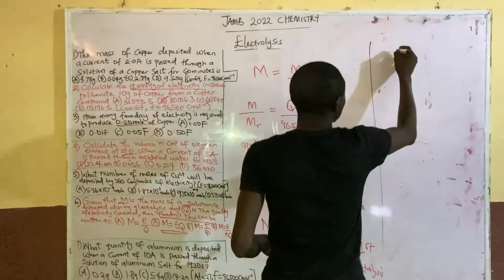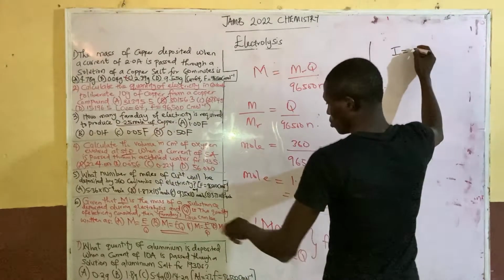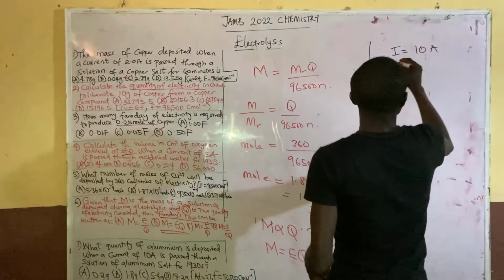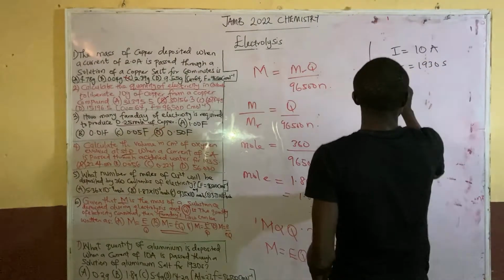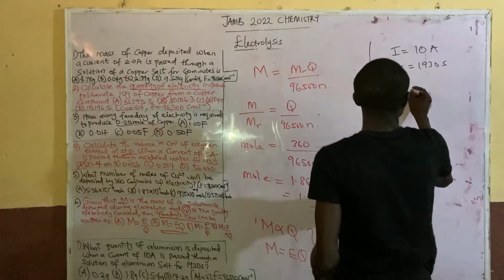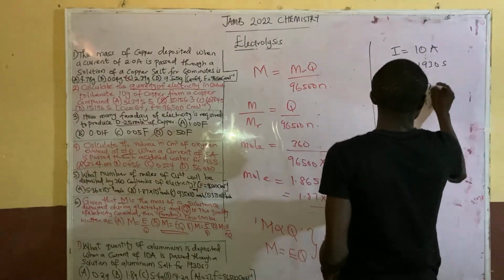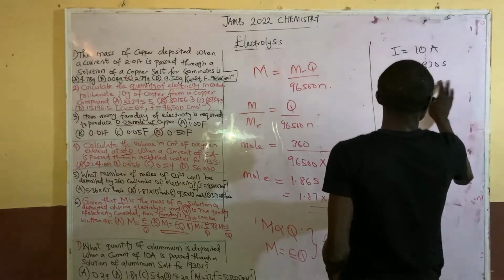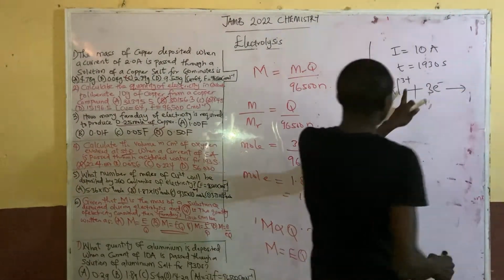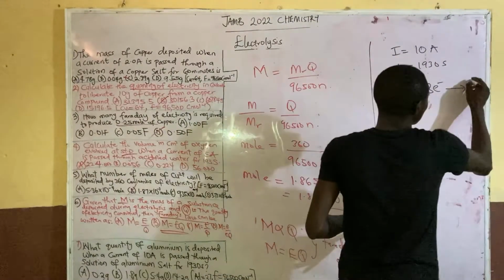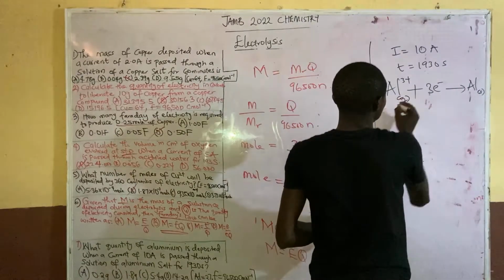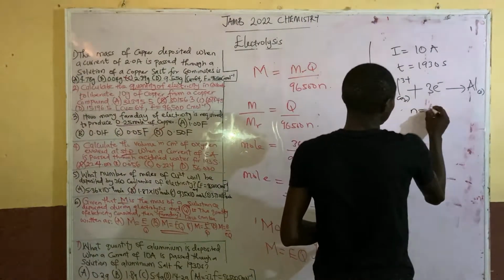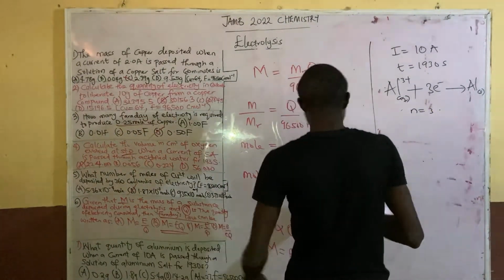So we have I equal to 10 ampere, T equal to 1,930 seconds, then Al3+ plus 3 electrons becomes Al. Aluminium will take 3 electrons to become solid. So we have N equal to 3.